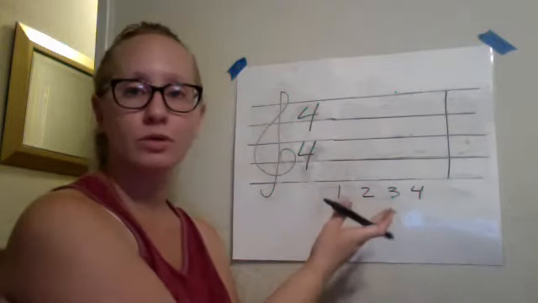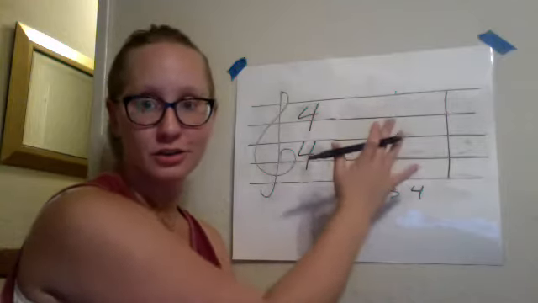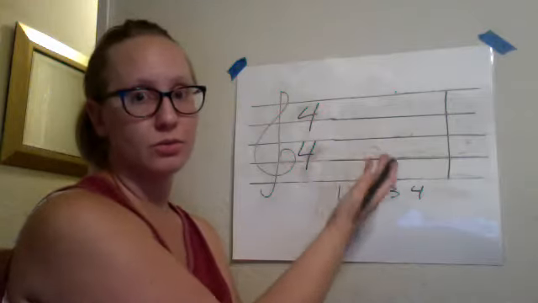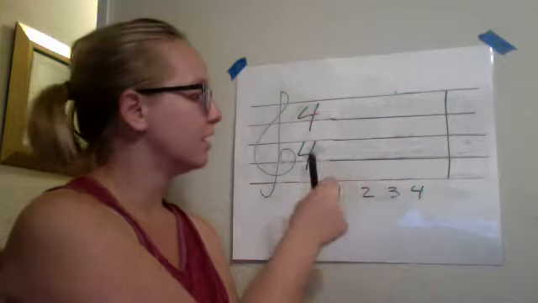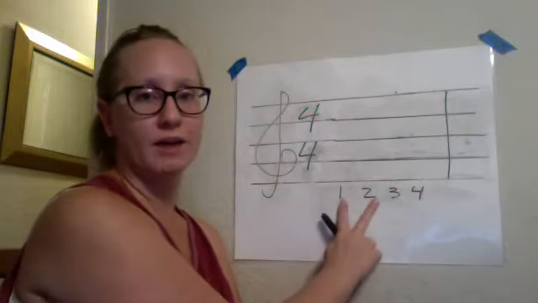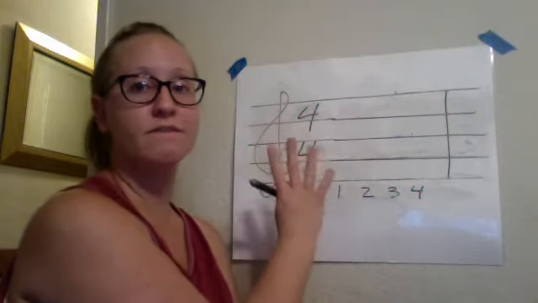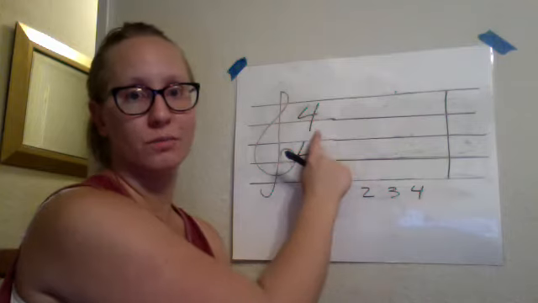If you were to put a whole note in this measure, it would take up all of the measure because there's 4 beats in a whole note. So this measure could hold 1 whole note. It could also hold 2 half notes because there could be 1 half note here and 1 half note here. It could also hold 4 quarter notes. 4 equals the whole because there's 4 beats a measure.